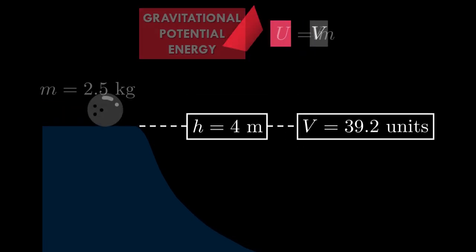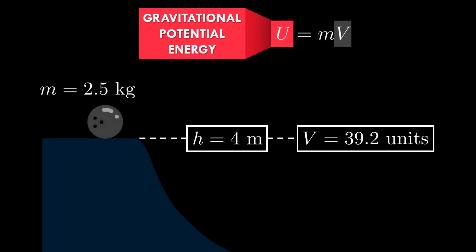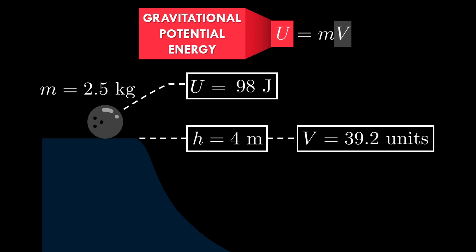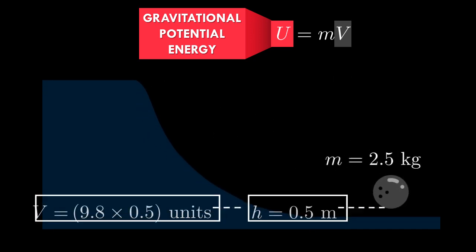Let's take a look at that bowling ball example to clear everything up. At 4 meters height, the potential was 39.2 units. So if the ball was 2.5 kg at that height, it would have a gravitational potential energy of 2.5 times 39.2, which equals 98 joules.